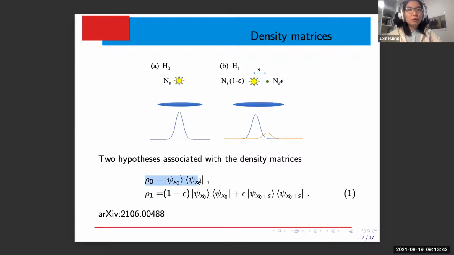And so rho 0 looks like this. And for hypothesis 1, you have with intensity 1 minus epsilon a photon that's coming from the star, plus with some small probability epsilon, a photon coming from a planet, and this is slightly shifted.